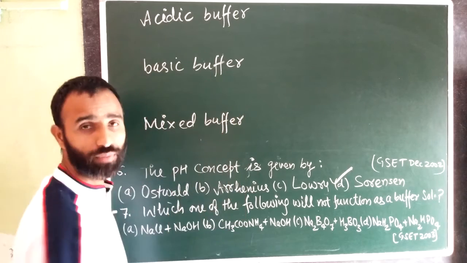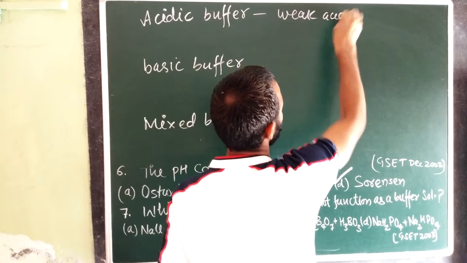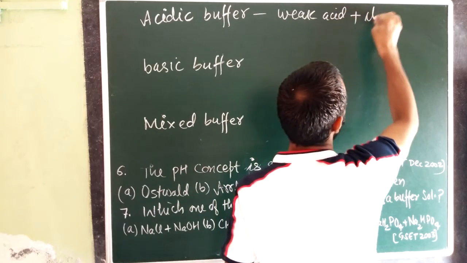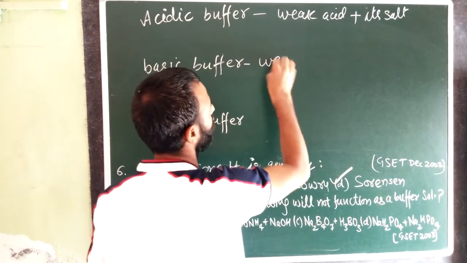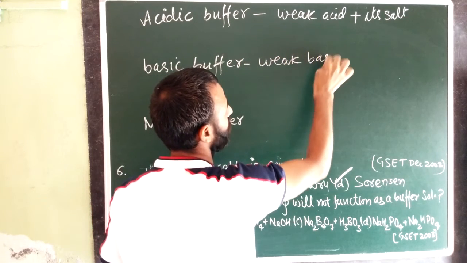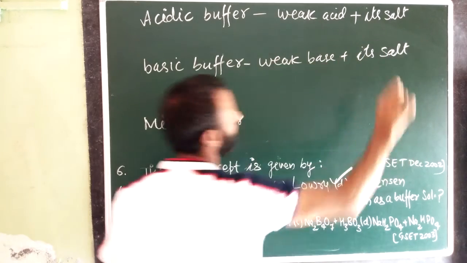So acidic buffer means it is a mixture of weak acid and its salt. Basic buffer, weak base and its salt with strong acid.